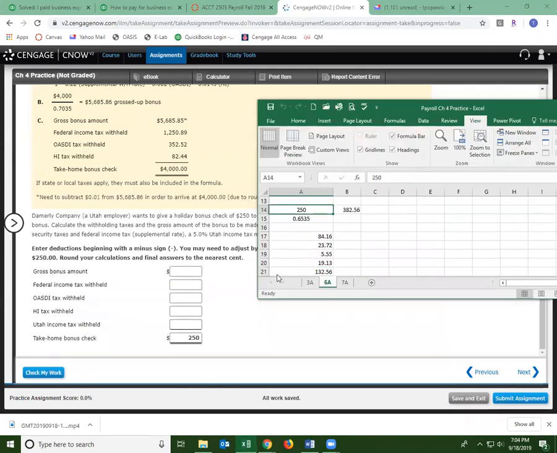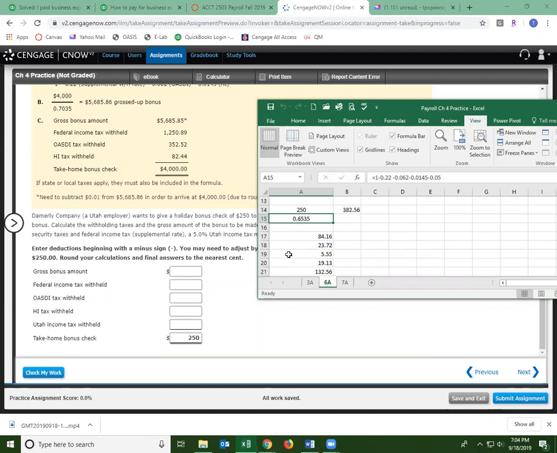250 is the take-home amount. I am going to divide by 1 minus the 0.22 supplemental withholding rate, minus 0.062 for Social Security because he hasn't hit any limits, minus 0.0145 for Medicare tax, and minus 0.05 for the additional Utah 5% income tax.